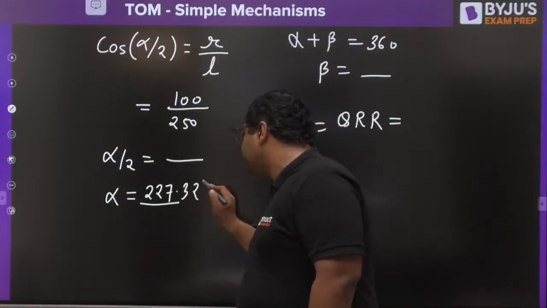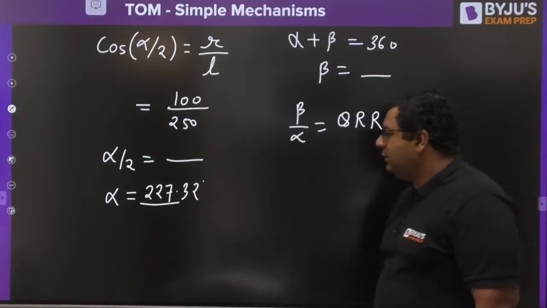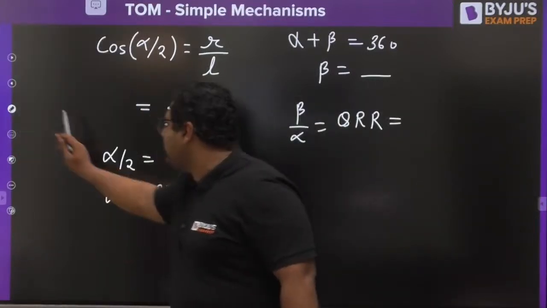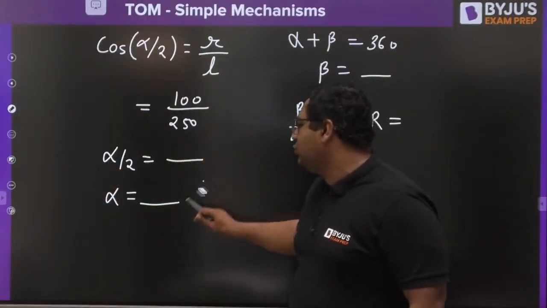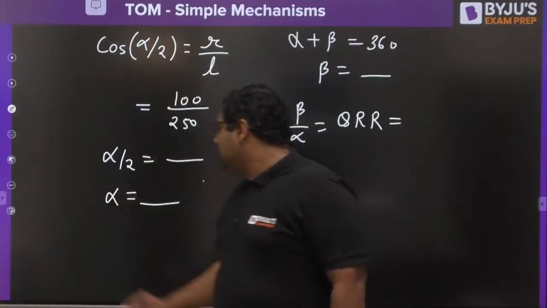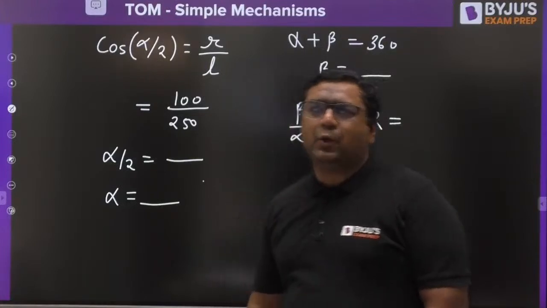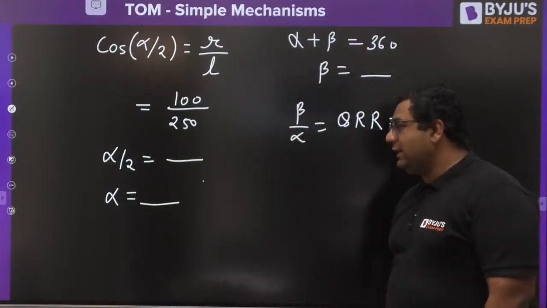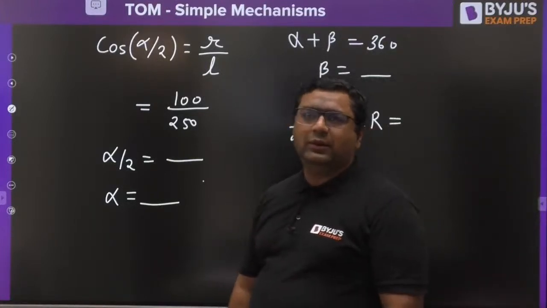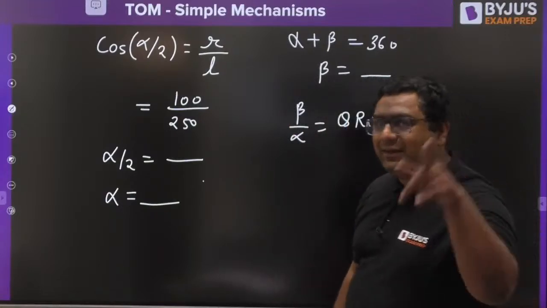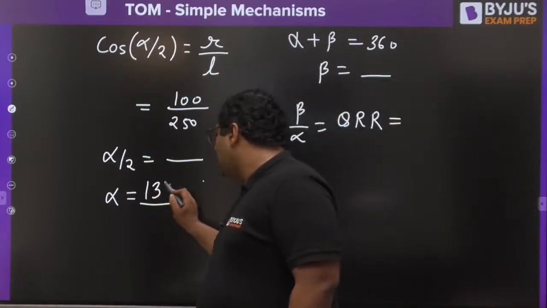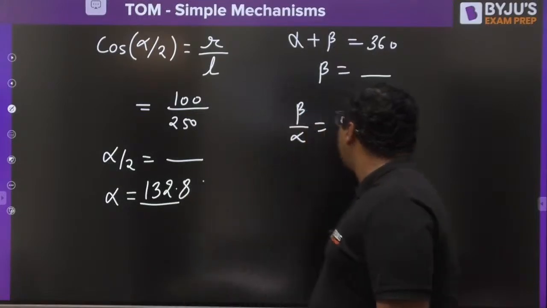227.32 degrees. Sorry, not 227. What you are getting, please tell me. This is the value of beta you would be getting. Is it coming 127? What is the value of alpha? Very good, Divyansh, bahut badhiya. What you are getting as alpha, tell me the value. 132.8. Yes, 132.8 is the alpha value.